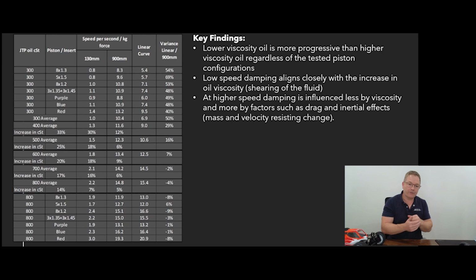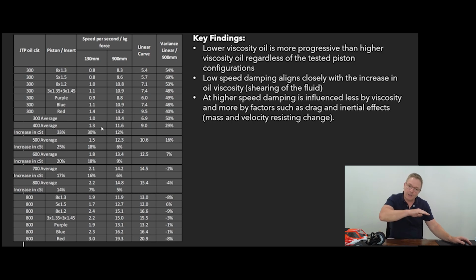And as it gets faster, it's just going to resist that movement, especially if it starts getting into a transition, not turbulent, but in that transition, it is still creating a very inefficient flow, and it's causing its own influences on that force. So it's not necessarily the shearing, and this is why you don't necessarily get a linear type of response between 130 and 900.